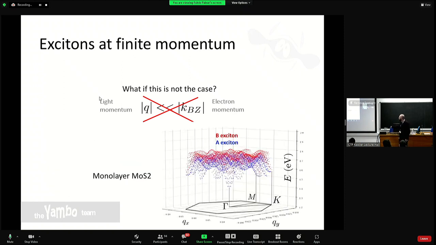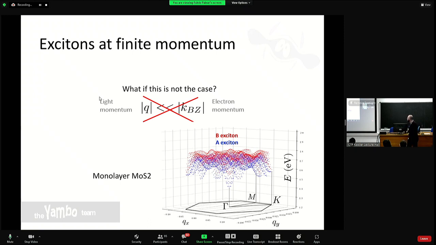This is, for example, an example done with Yambo. We are solving the BSE at various Qs, various transfer momenta in the Brillouin zone of monolayer MoS2, and basically we get the dispersion of the various excitons. It's a very badly made plot, but just to give you an impression of what can be done.